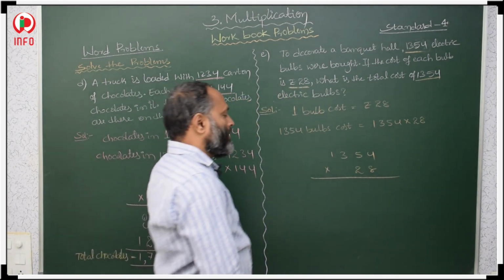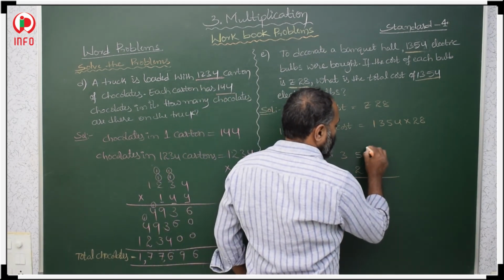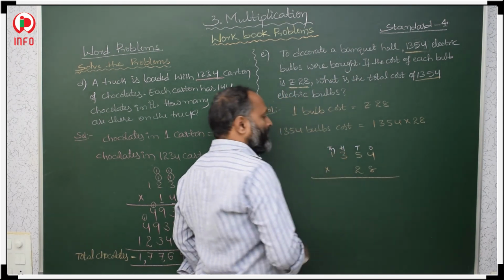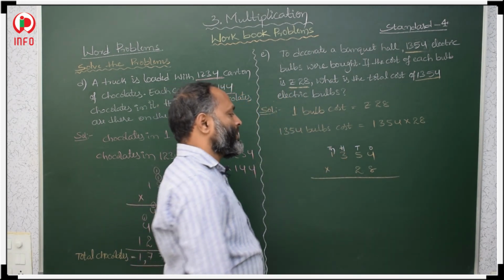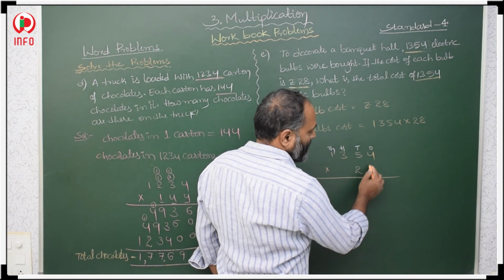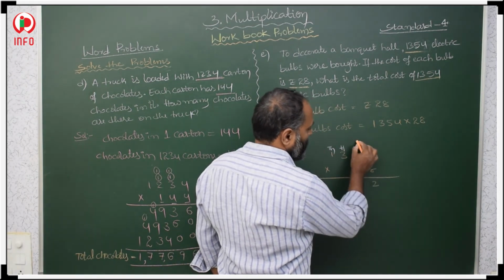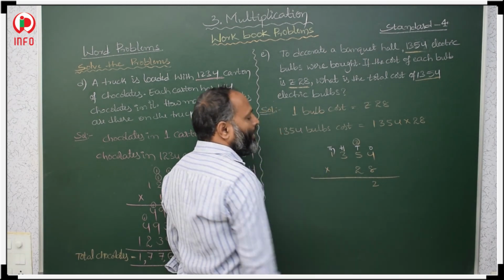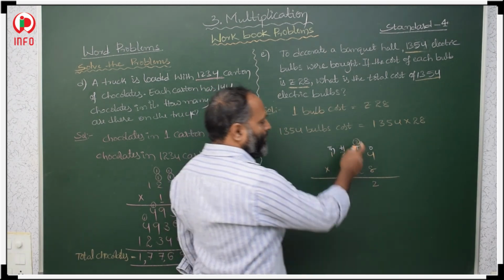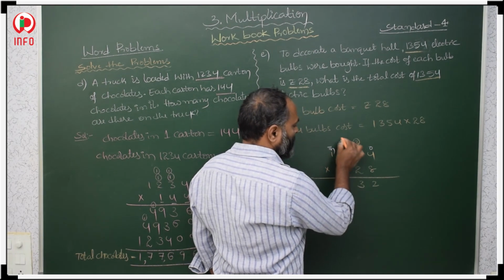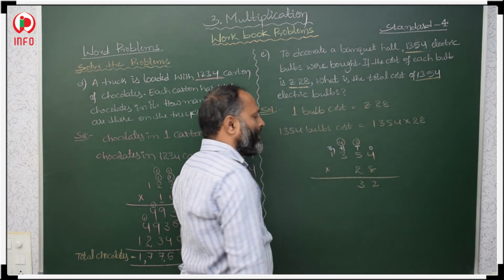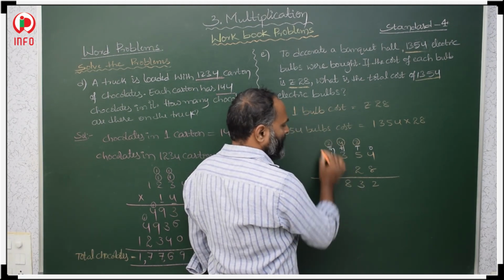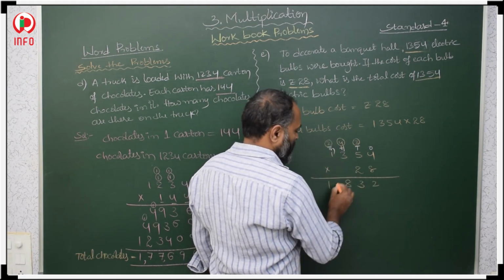Now this is ones place, tens place, hundreds place, this is thousands place. With 8 first: 8 4s are 32, 3. 8 5s are 40, 40 plus 3, 43. 8 3s are 24 plus 4, 28, 2. 8 1s are 8, 10.